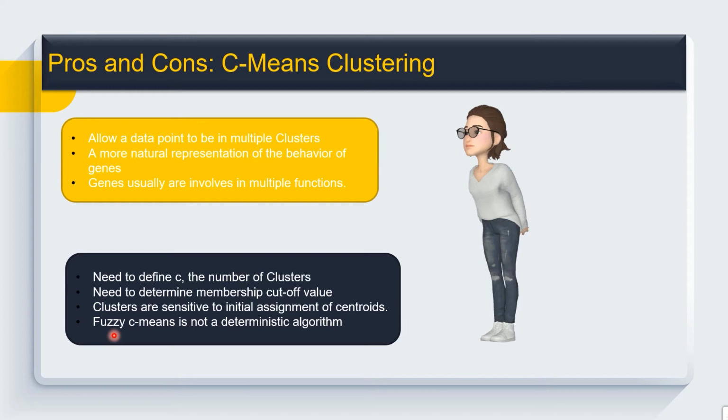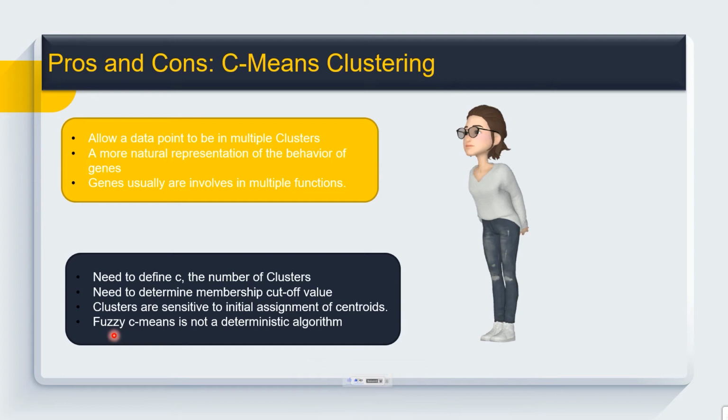If we talk about the cons, we have to define C, which is the number of clusters, the same as k. Next, we need to determine the membership cutoff value also, which is time consuming. And the clusters are sensitive to the initial assignment of centroids.